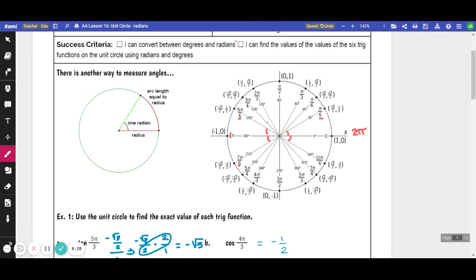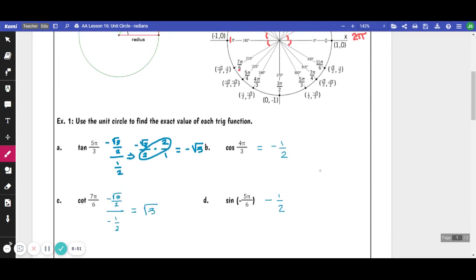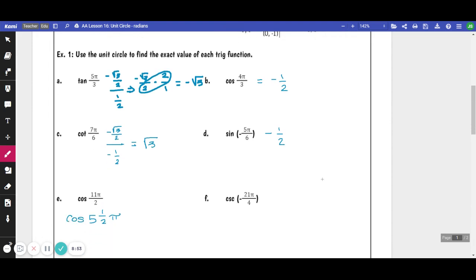Well, we go around. Every rotation around the circle is 2 pi. So 2, we go around a second time, that's 4. I want 5. So there's 1 more, and 5.5 is halfway, which would be down here. So I'm at this point. What was it? Cosine? Cosine is the x coordinate. The x coordinate is 0. So this one is 0.